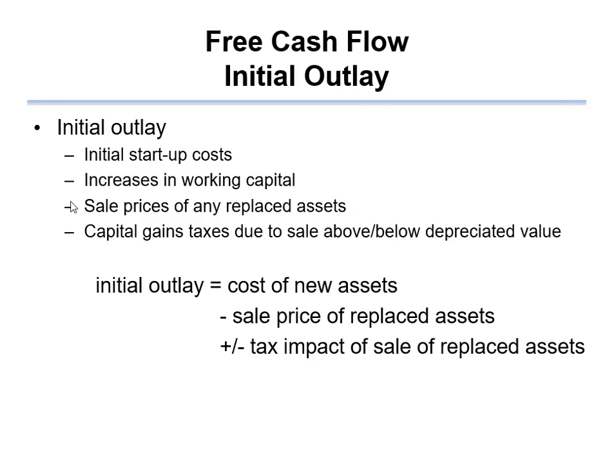That was money that comes in. We have to consider ourselves with taxes. If we sell an asset and it's gained in value, we're going to have to pay capital gains taxes. So all of these things need to get factored into the initial outlay. So it's the cost of new assets that we're buying minus the money that we get from selling the old junk, and we've got to take care of the tax implications.